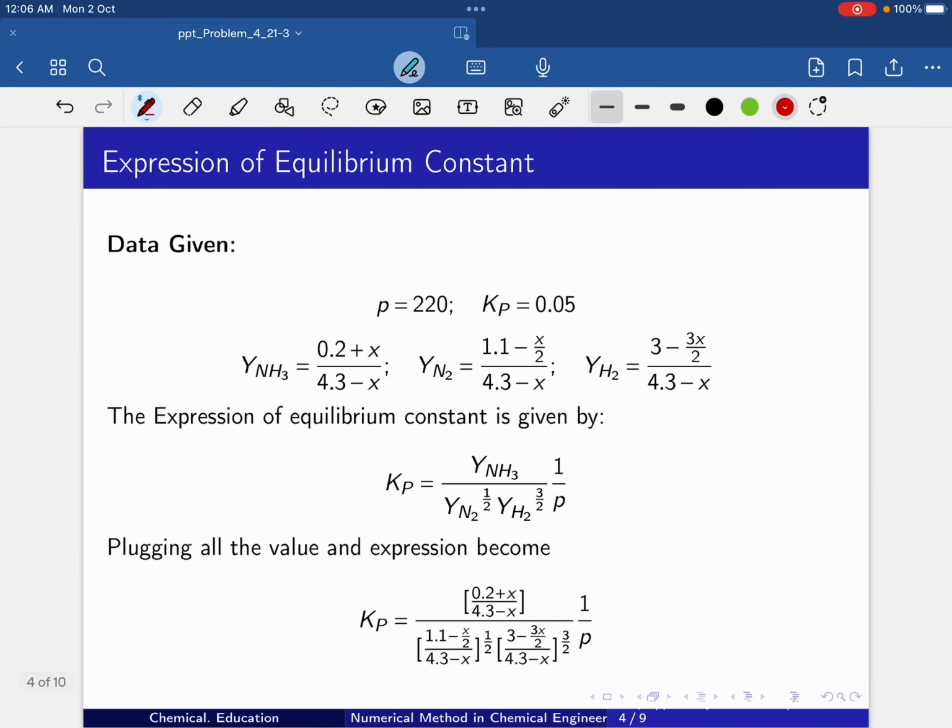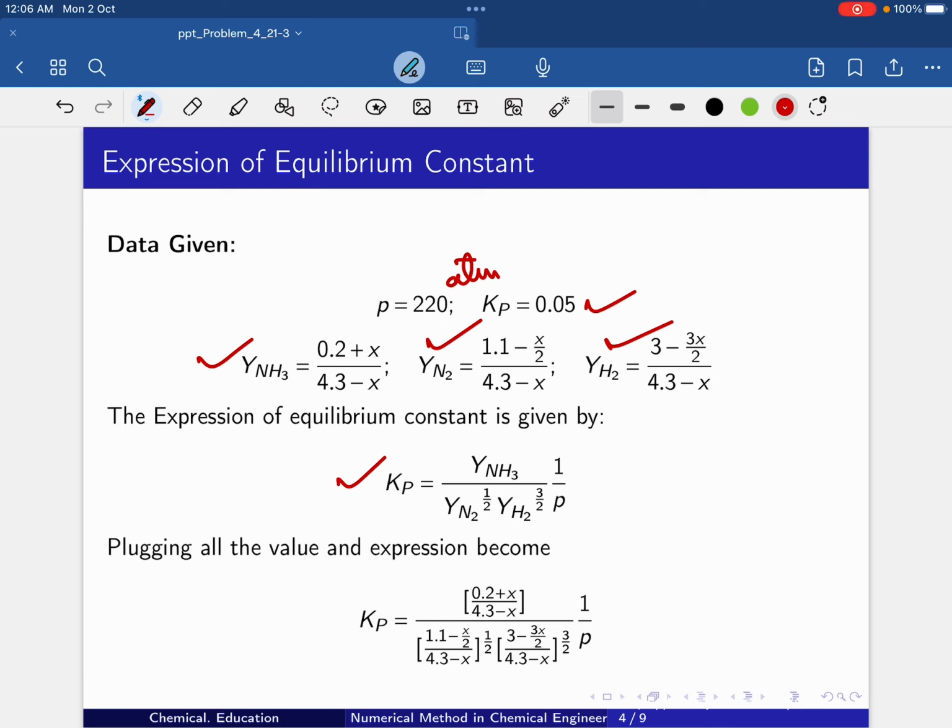Now the data given: P is given, that is 220 atm, and the Kp value is given. Now we know the mole fractions of ammonia, nitrogen and hydrogen, and the expression of the equilibrium constant is also given in the question.